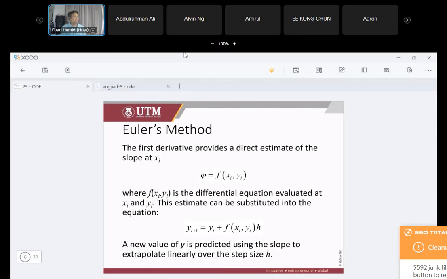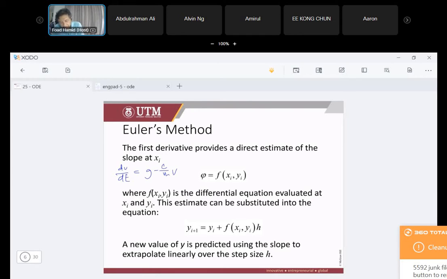It says here that for Euler's method, the first derivative provides a direct estimate of the slope. For example, dv dt equals g minus c over m times v.